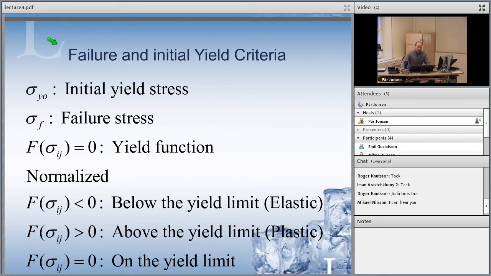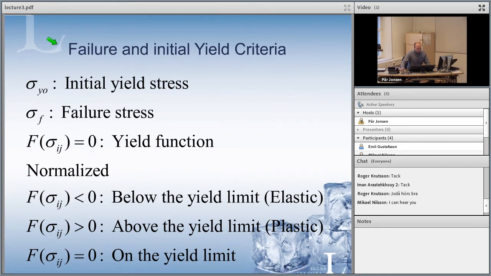You can have different combinations also. And usually this function is normalized. So if this function is lower than 0, the material is elastic. You haven't reached the yield limit. If it's above, it's plastic. And if it's exactly 0, you're exactly on the yield limit of your material.